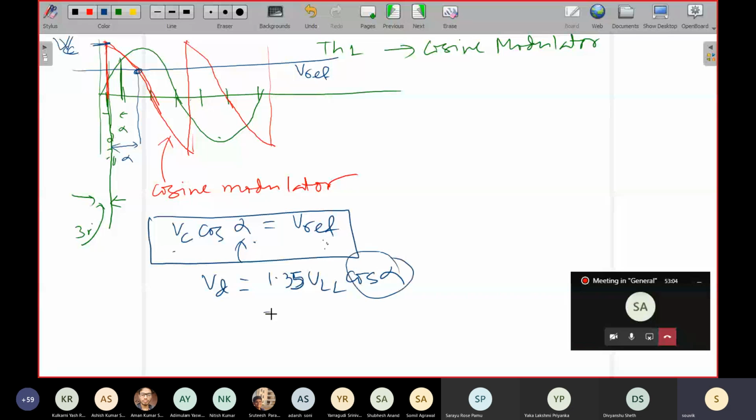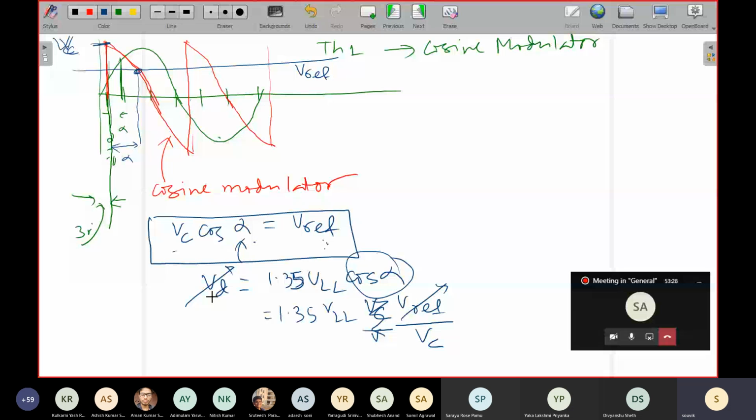Vc is the carrier waveform's peak value, which is a constant, so Vref is represented by Vc. There is a linear relationship between Vc, Vref, and Vd. That is the objective.